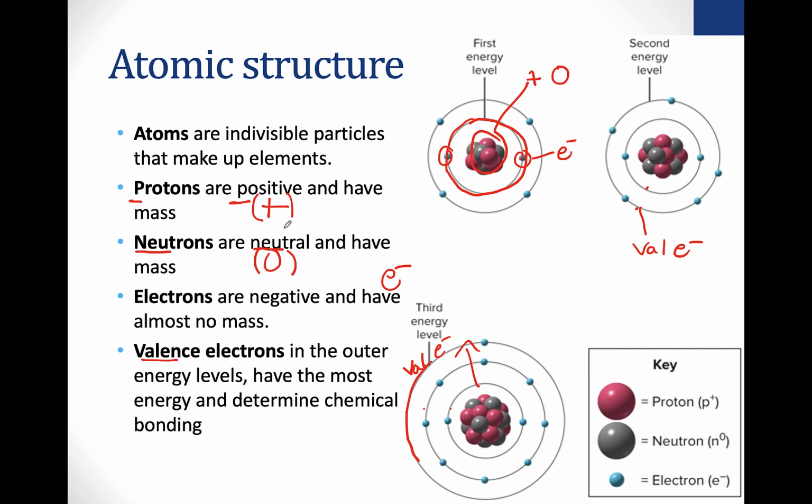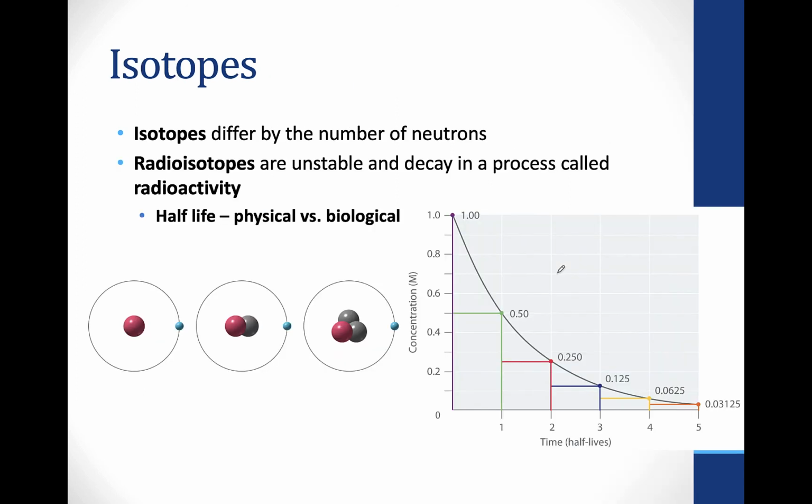So normally, an atom will have the same number of protons and neutrons and electrons. The number of neutrons can actually change. So an isotope is a molecule with the same number of protons, meaning it's the same element, but it has a different number of neutrons.